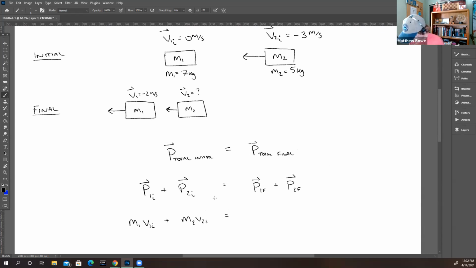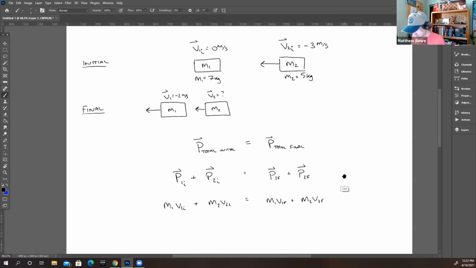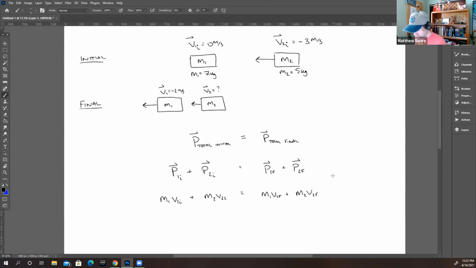Okay, so now let me finish down here. Mass 1 times velocity 1 final, mass 2 times velocity 2 final. If you're able to follow along with this, this is the extent of many problems on a homework. Plugging in all of this, I'll keep the units in. 0, it's not moving to begin with. 5.